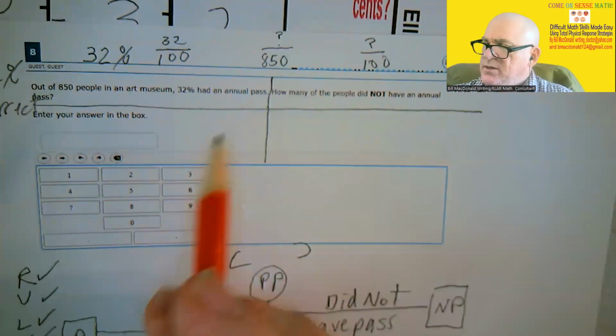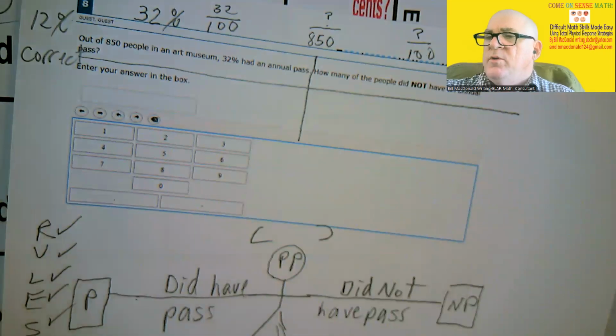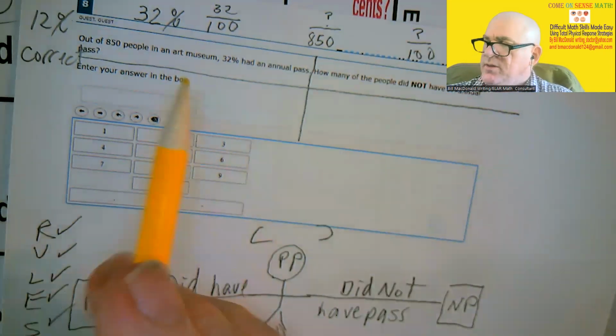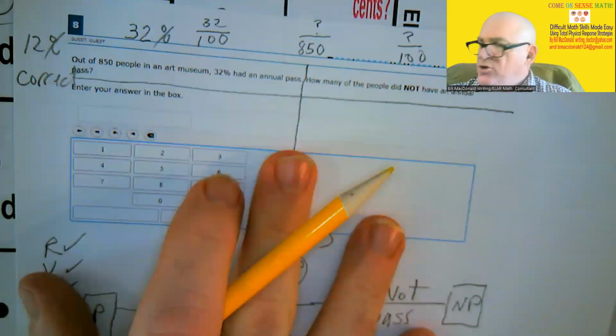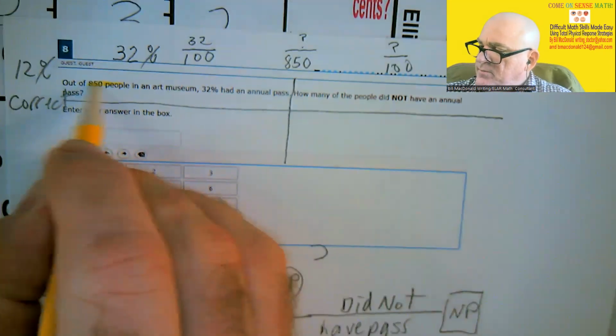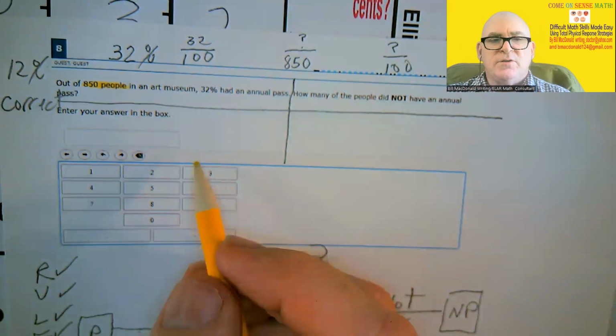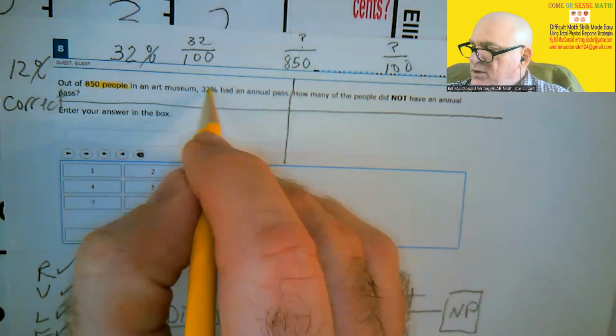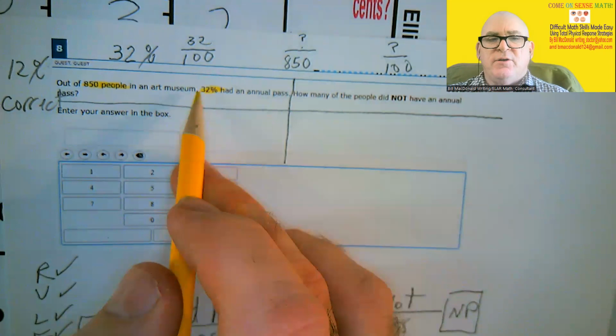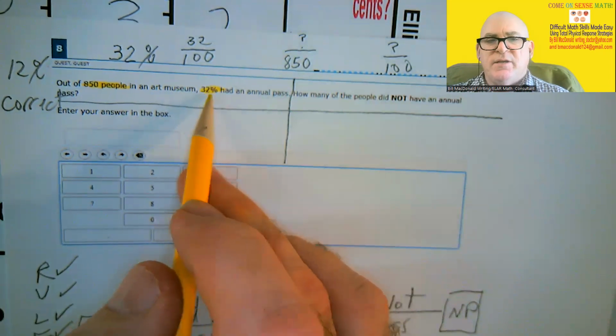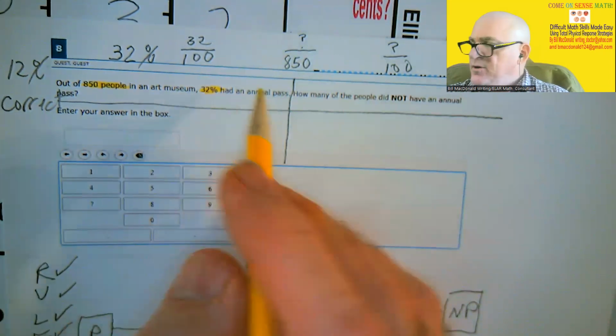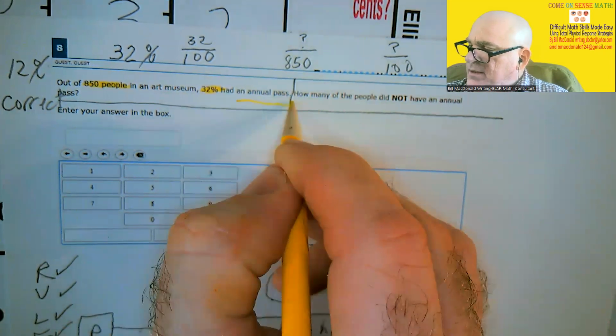As we see here, we can notice that the question starts with "out of 850 people," keywords, "in an art museum, 32%." 32 percent, 32 out of 100, had a pass.